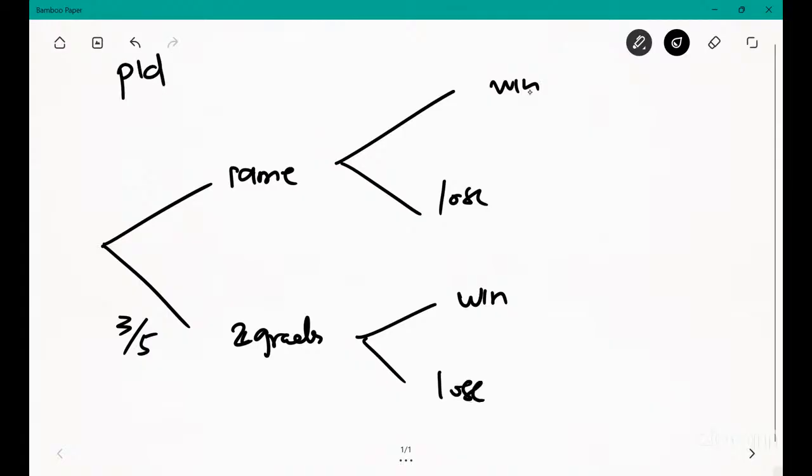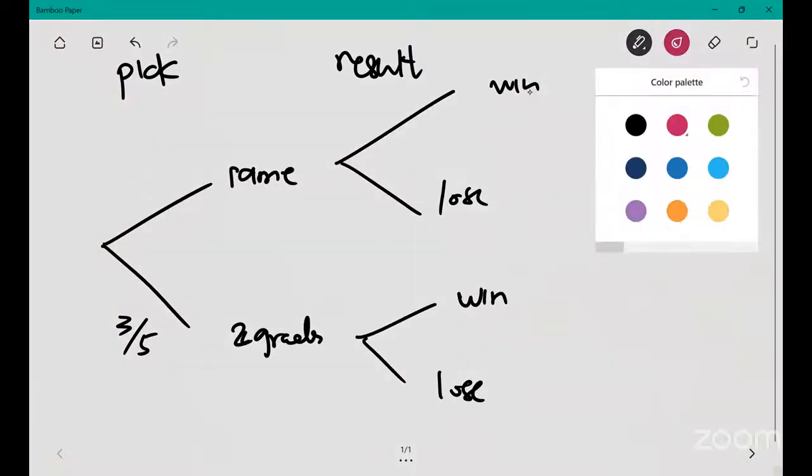Okay, so now this is our tree diagram. Now let's read the question that they have given us. They're saying when the two students were picked from the same grade, the probability of winning is 0.7. When they are picked from the same grade, the probability of winning is 0.7.